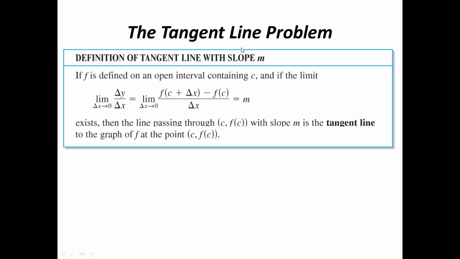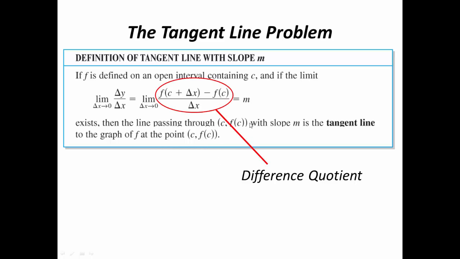So from now on, when you hear derivative, think of slope. It's going to be the slope of that tangent line. Okay, so here we go. And this is the difference quotient here. If we let the limit of delta x go to 0 of the difference quotient, we get the slope.